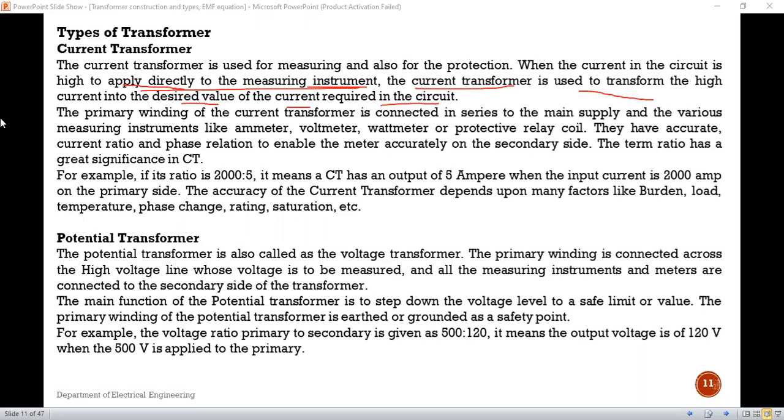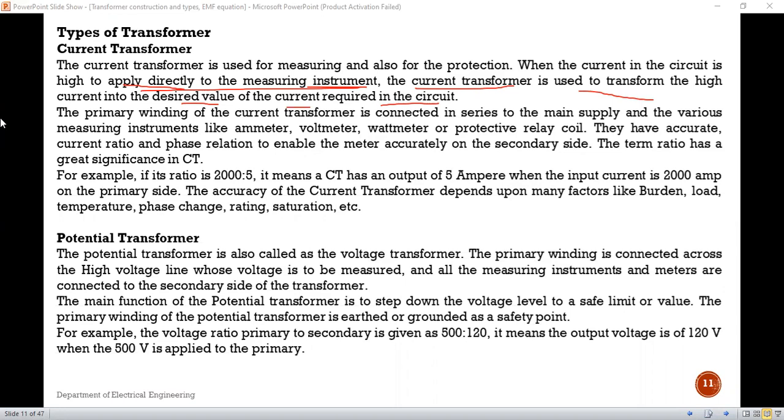Okay, if we want to measure the current at the maximum value, or it may be a high value, then if we use this instrument directly for that value, it will get burned. So instead of using this, we use the current transformer, and first using the current transformer we convert the value of that current into a desired value, or it may be the required value of that instrument.